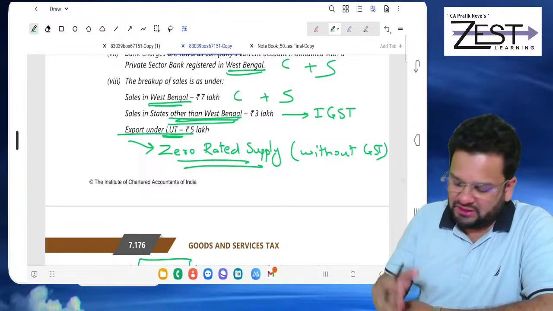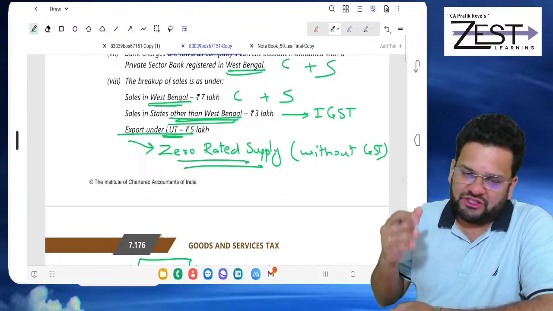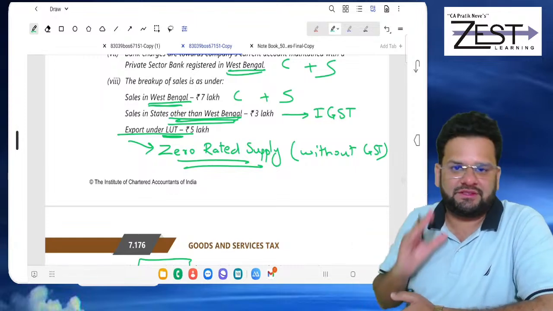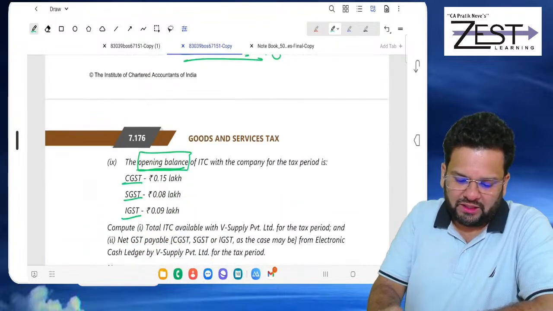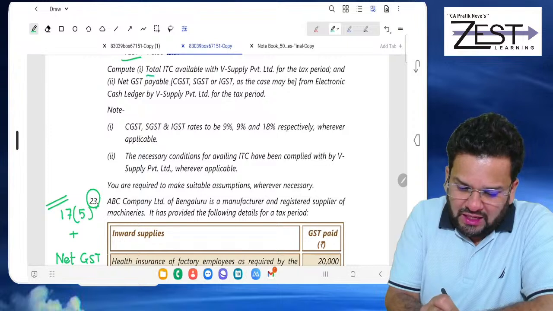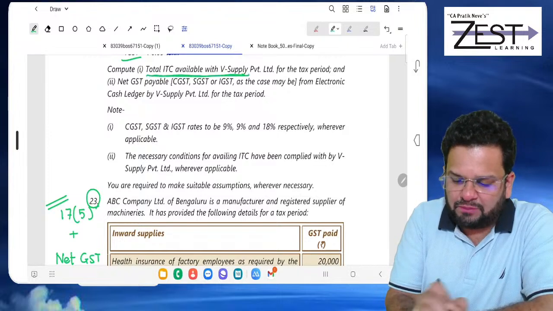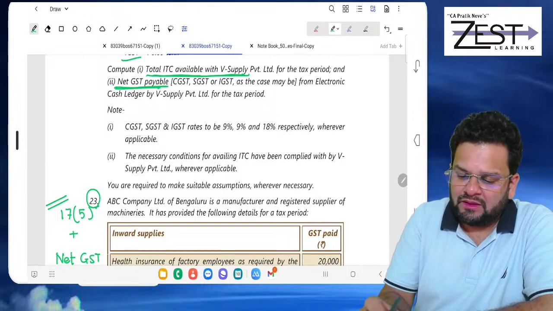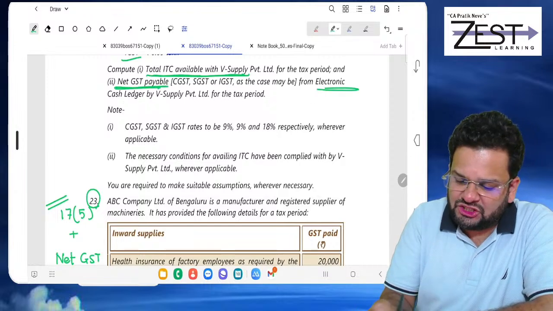So each and every ITC which is not blocked under 17.5 will be allowed in this case. Are you getting my point? So you have to compute total ITC available with V supply for the tax period and net GST payable, okay, in the e-cash ledger.